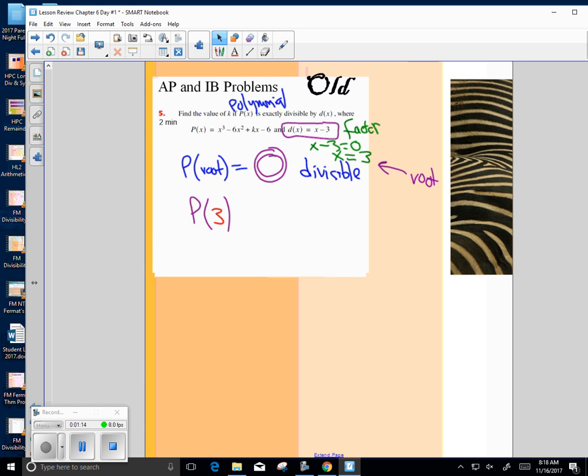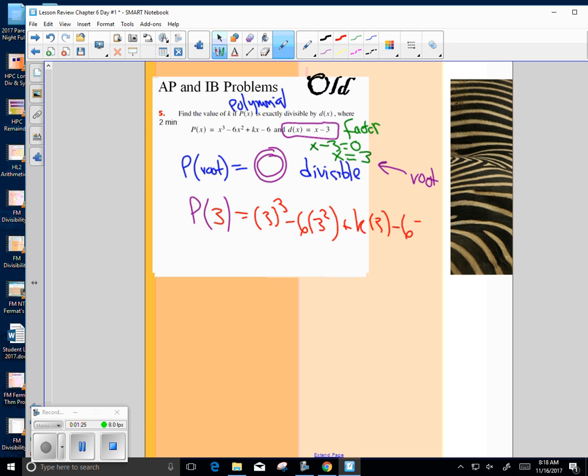Okay, so let's do it. 3 cubed minus 6 times 3 squared plus k times 3 minus 6. And since it's divisible, then we set it equal to 0.